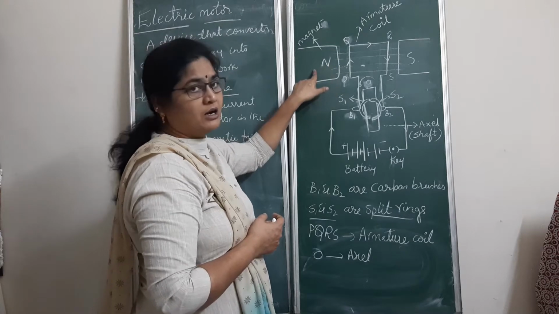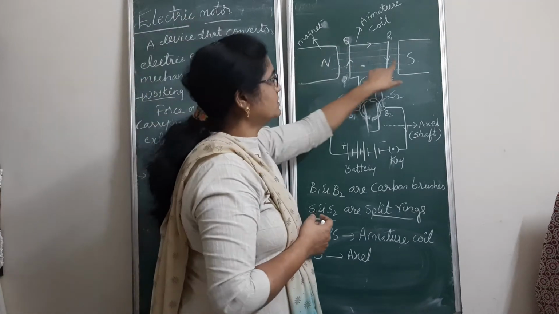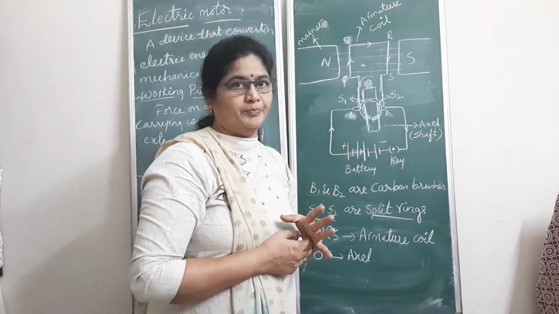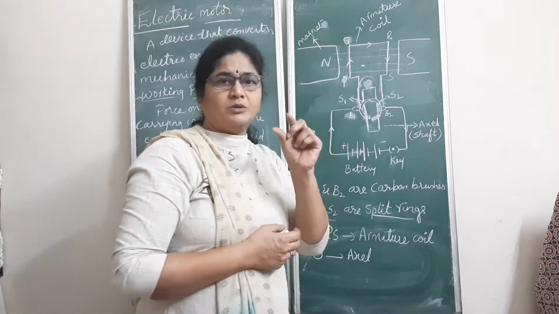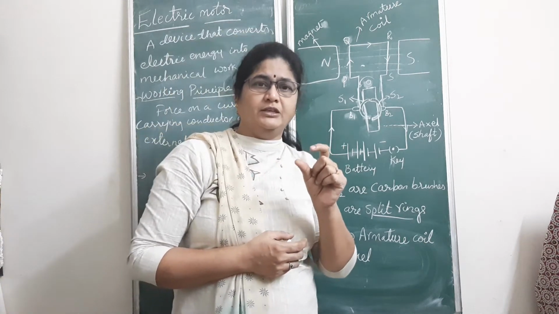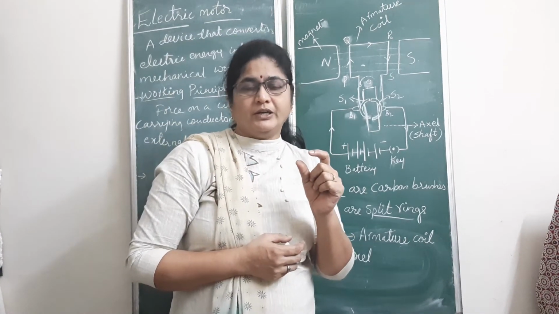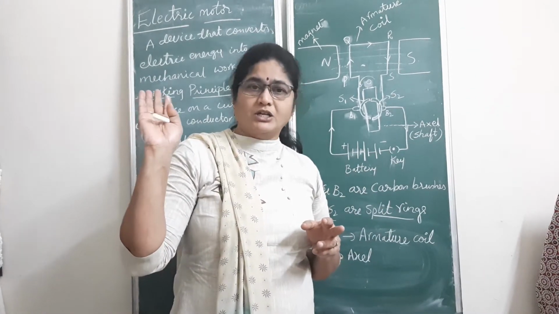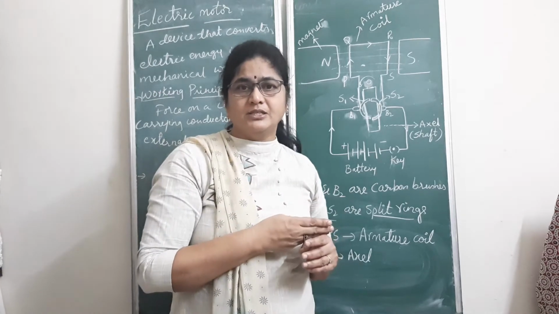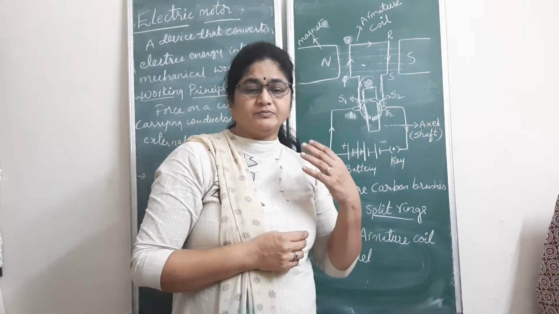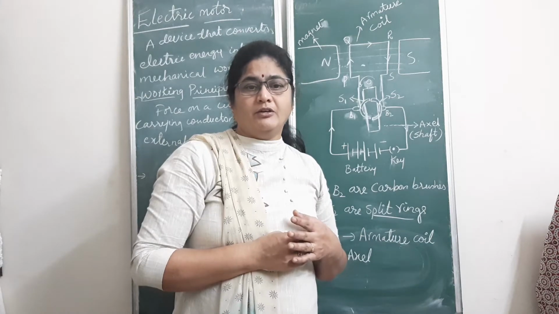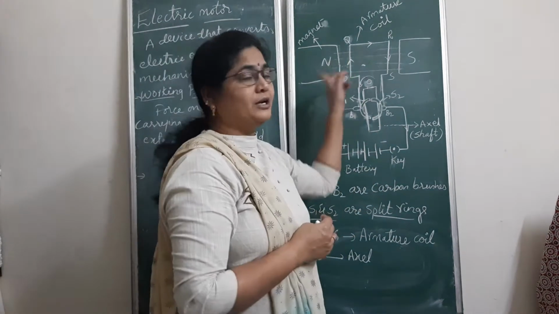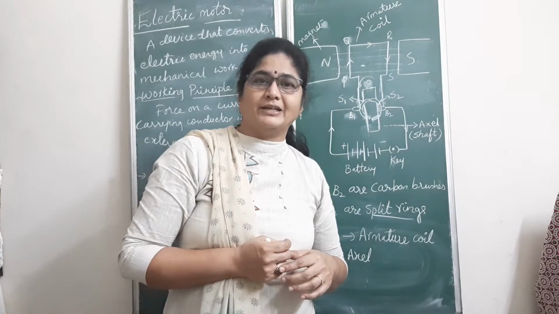We have a magnet with its north and south poles here to provide a strong magnetic field. Generally in the normal small electric motors, what we see, there we have the permanent magnet. Whereas in huge devices like electric motors, washing machines, electric fans and all these things, there we are not putting these permanent magnets, we are keeping the electromagnets.